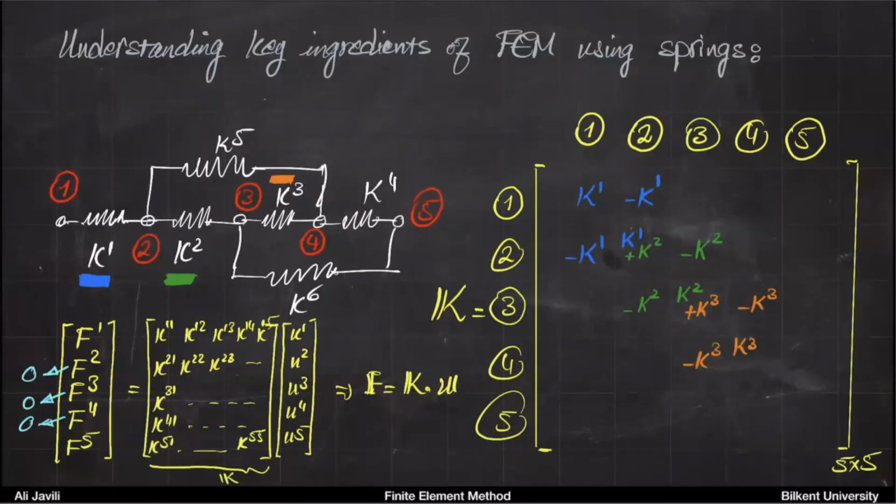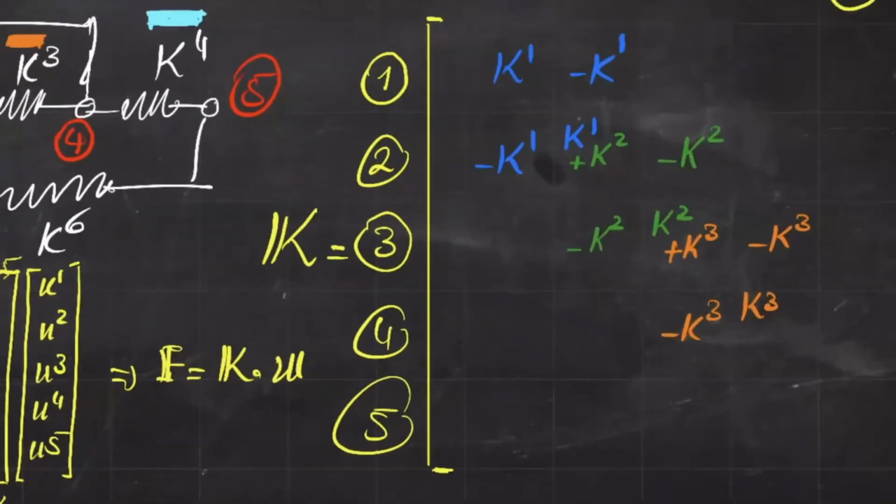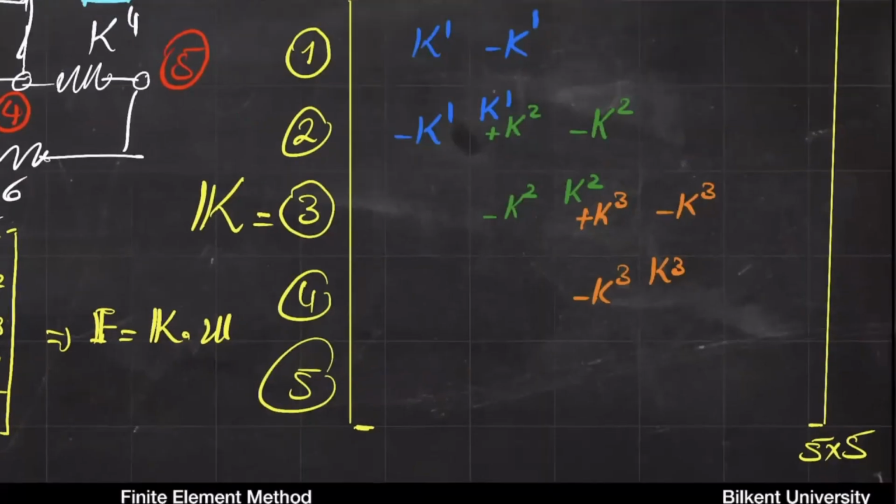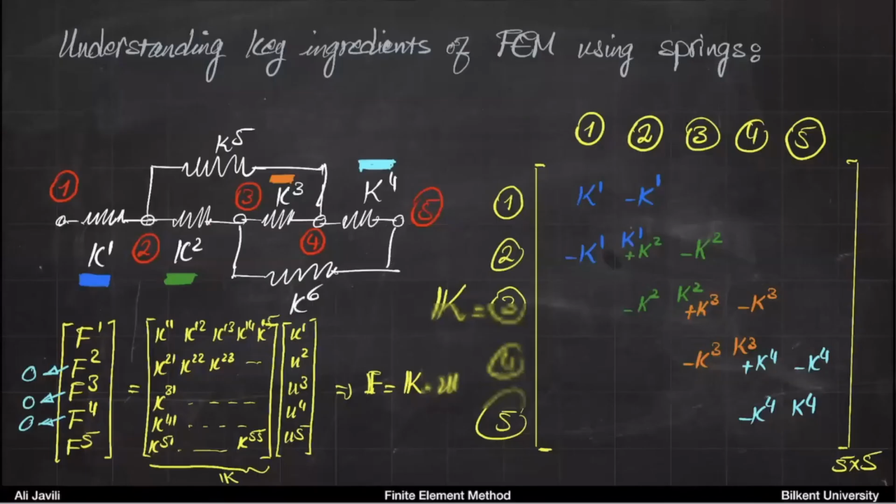So that's spring 3. Then I use this cool blue on 4. So spring 4 would be between nodes 4 and 5. So you would have now plus K4 minus K4 minus K4, and let's say K4. That's spring 4.